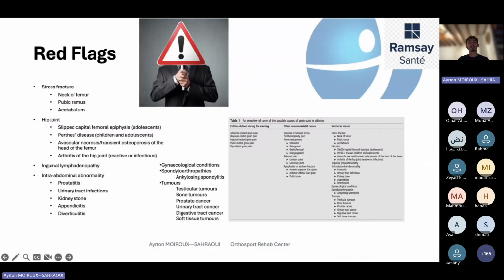But before we talk about assessment strategy, we need to talk about red flags, okay? The most common groin pain is musculoskeletal in origin, but there are also red flags that require immediate attention.